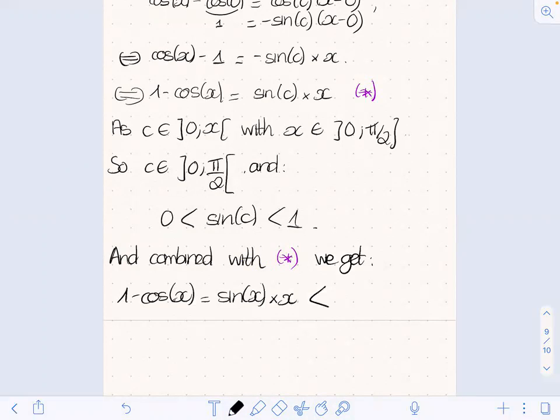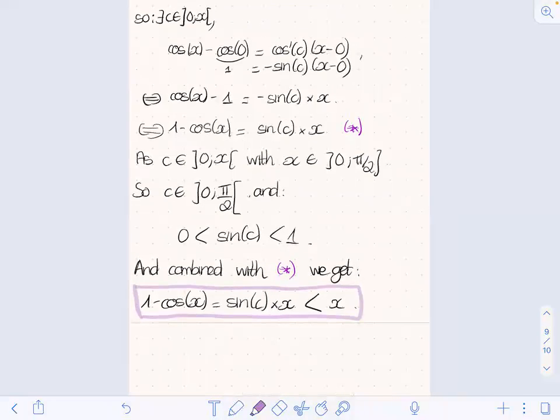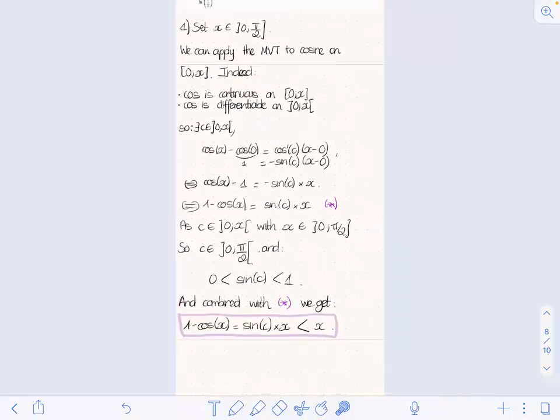But that, because sine of C is smaller than 1, is simply smaller than x. Okay, and that here is exactly the inequality that we wanted to prove. And that holds as soon as we have x between 0 and pi over 2.